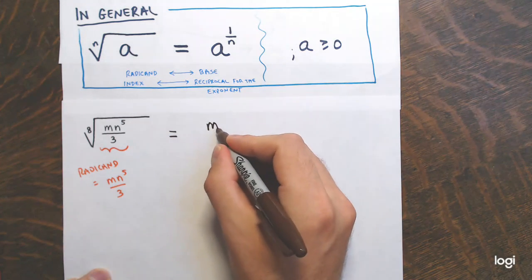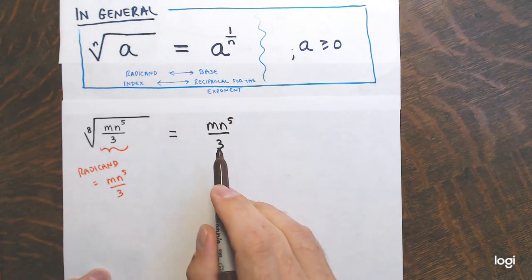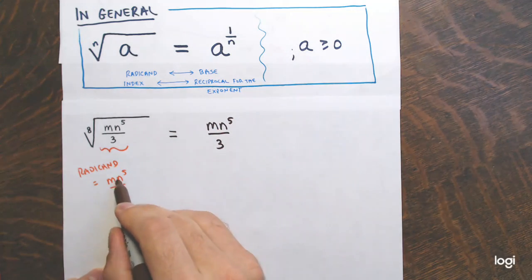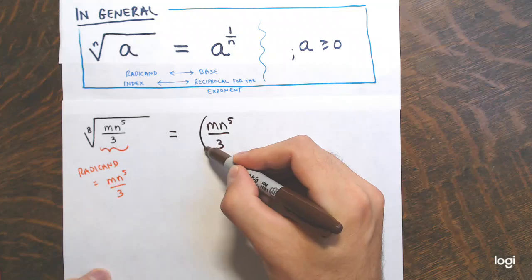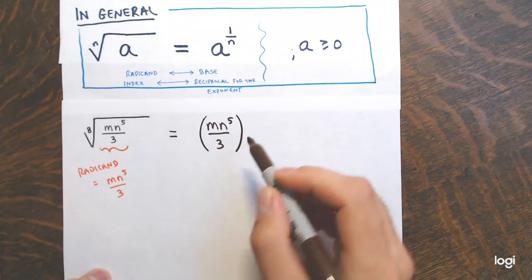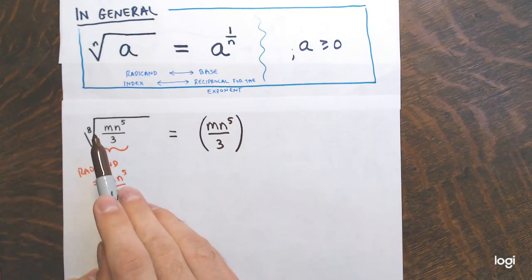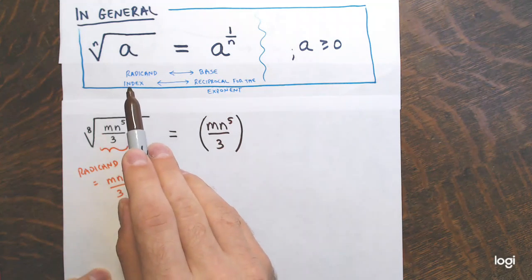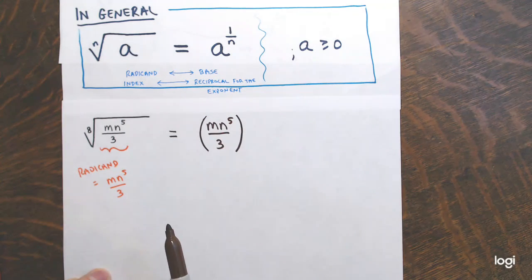And again, I don't want to write just this and leave it like that and then put the 1/8 power. If I want this whole thing to be the base on the exponent, I'm going to put it in parentheses. Now it's all the base on this power. And the index on this radical is 8. Remember, for the index, you take the reciprocal for the exponent on the exponential statement.